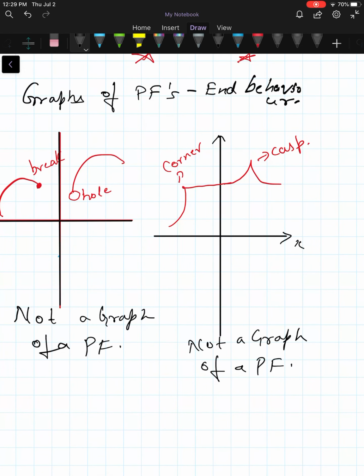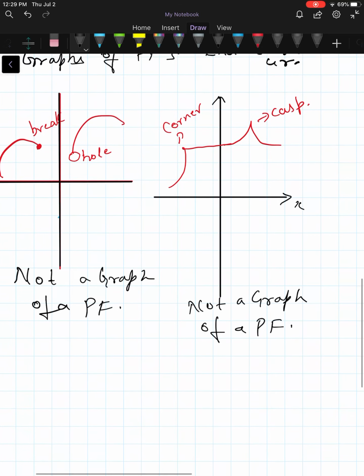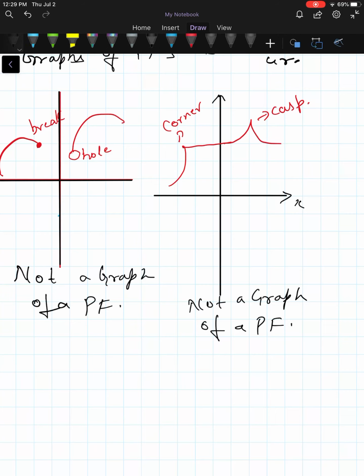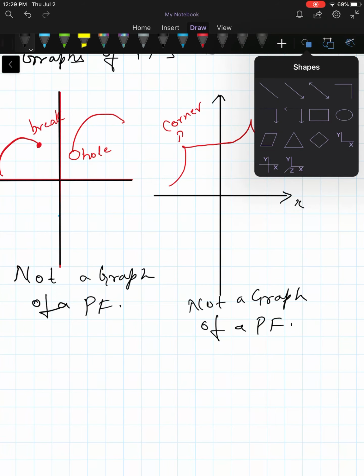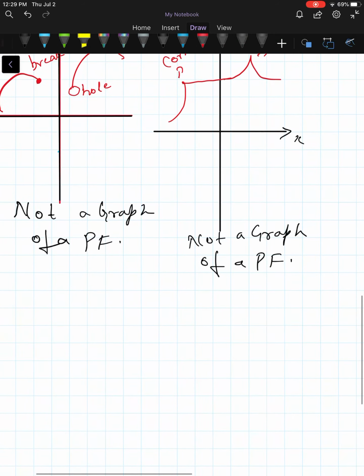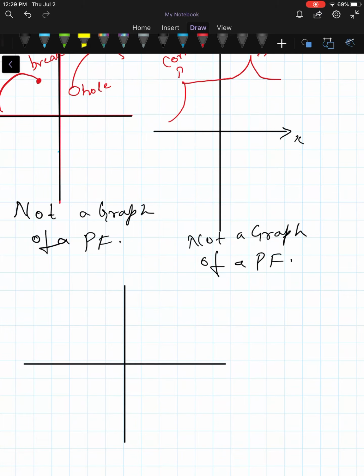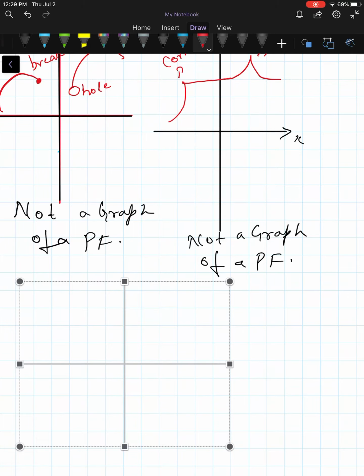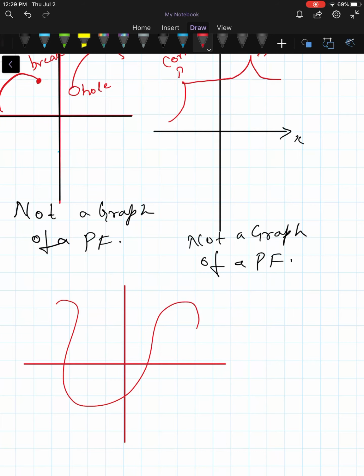So if there is no break, no hole, no corner, no cusp, they are all polynomial functions. You will see that they are very smooth, something like this.